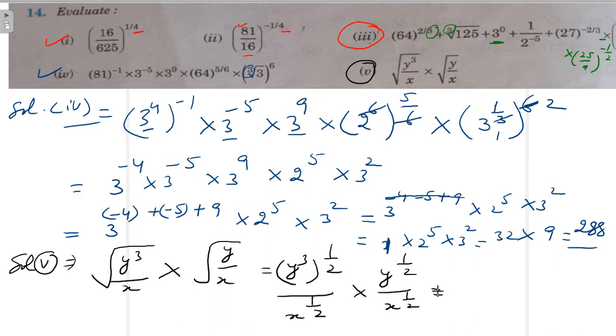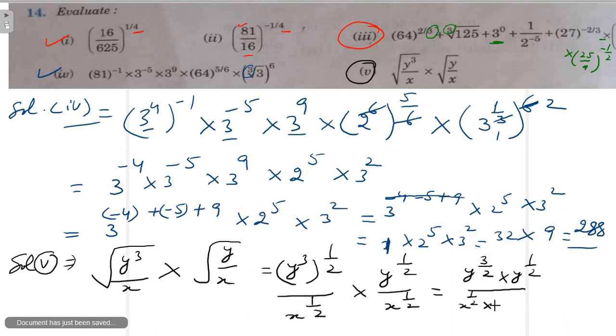So now the question is solved. 3 multiplied by 1 by 2 will become 3 upon 2, into y raised to power 1 upon 2, and these powers are the same, x raised to power 1 upon 2.